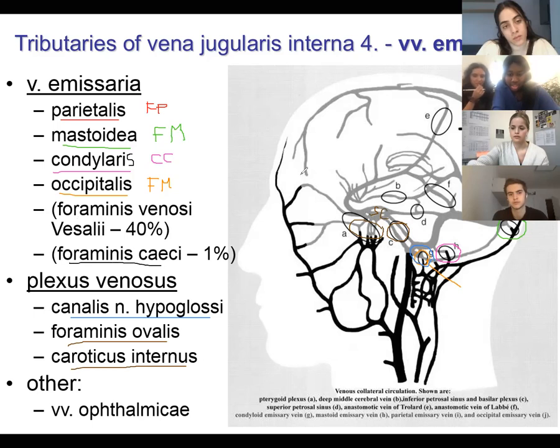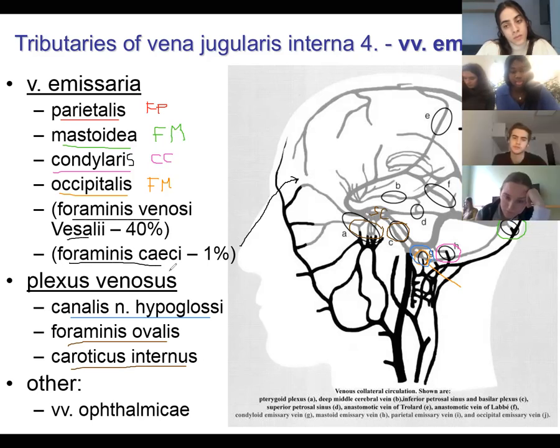Foramen sectum, very ventrally, would be opened only in one person. And the Vesalian emissary through the foramen venosum, which is close to foramen ovale, in 40% of cases. So these are the preformed emissary veins.